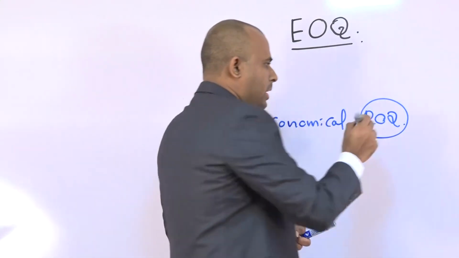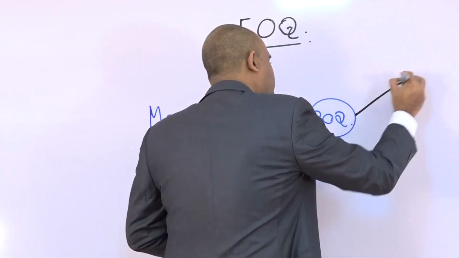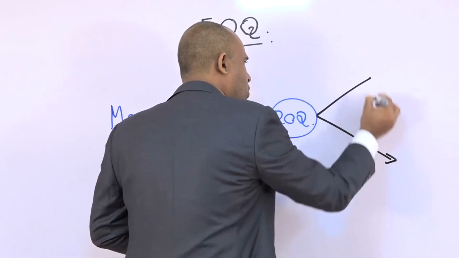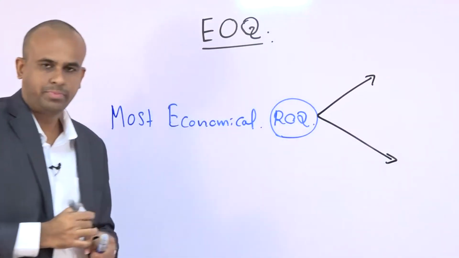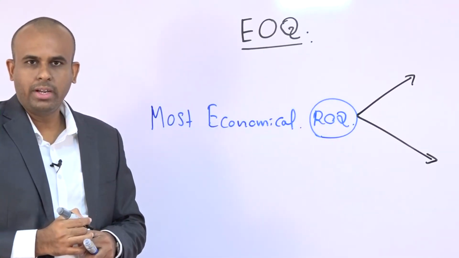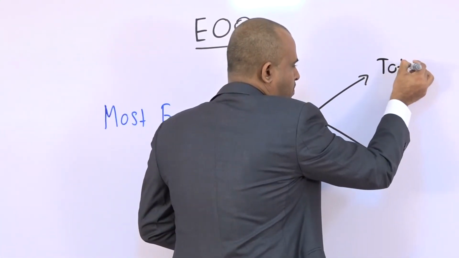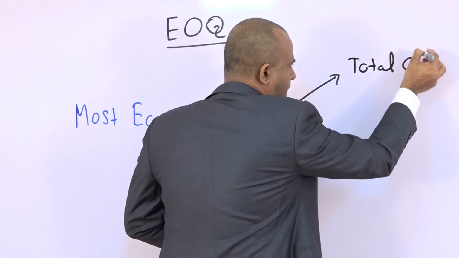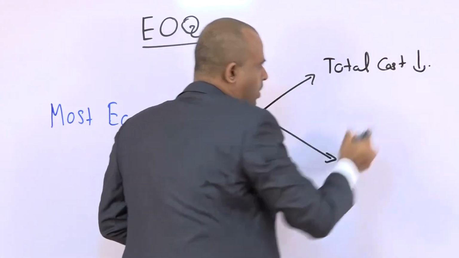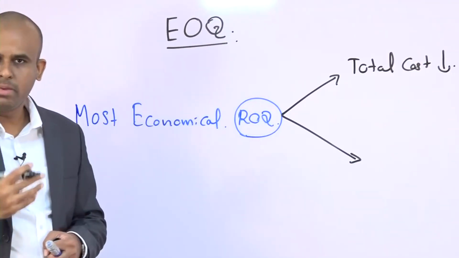This economic order quantity has two main characteristics. First, when you purchase the economic order quantity, your total cost of inventory will be minimum.